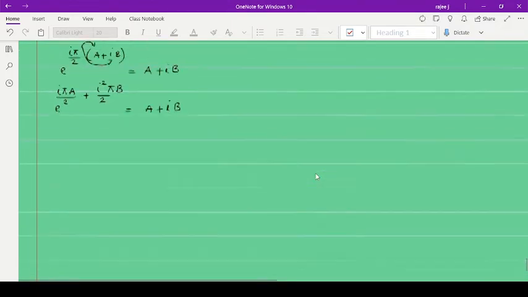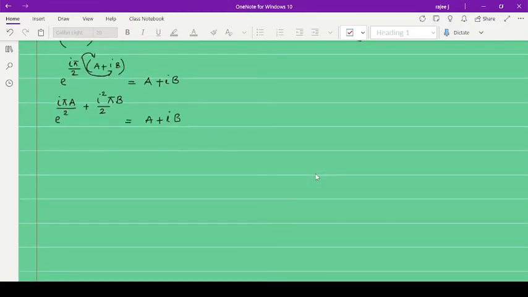Now that is equal to e raised to I pi a by 2, and I square is minus 1. Okay, or otherwise before that I will write a raised to m plus n. We have a raised to m into a raised to n.